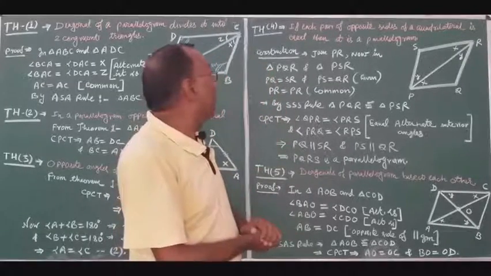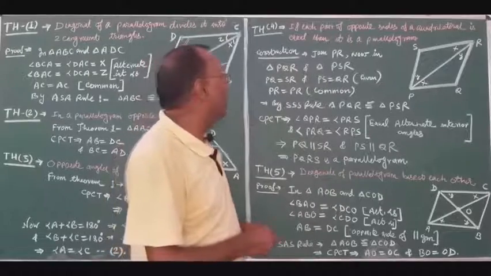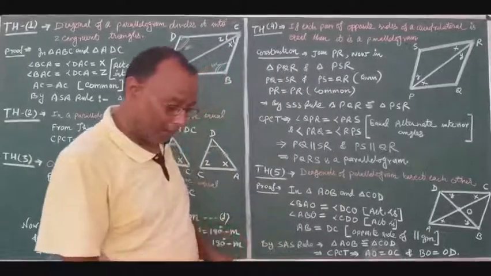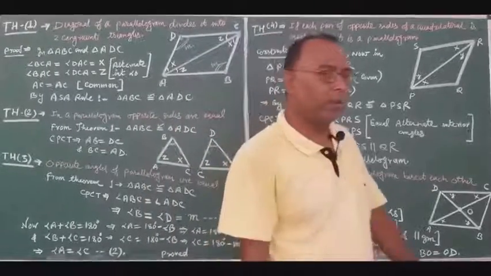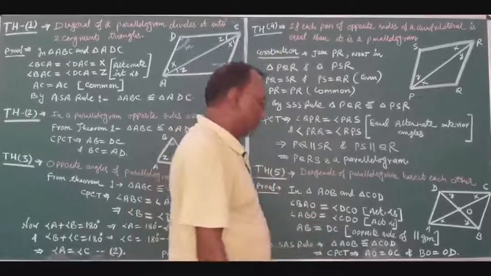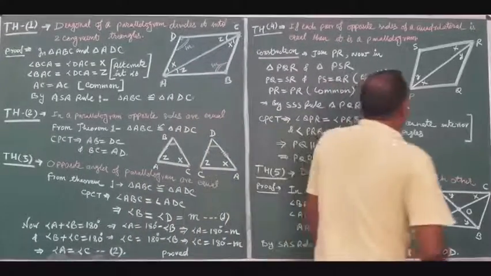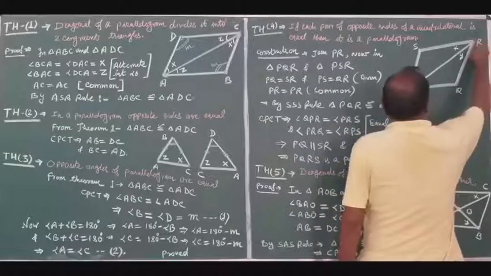Next theorem. If each pair of opposite sides of a quadrilateral is equal, then it is a parallelogram. Just look here. Suppose this is a given quadrilateral PQRS.